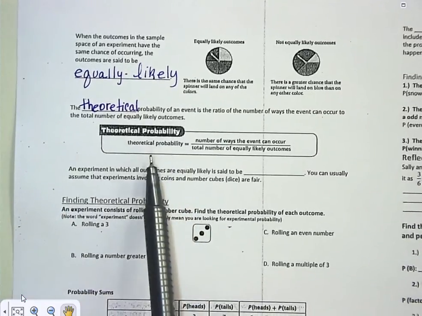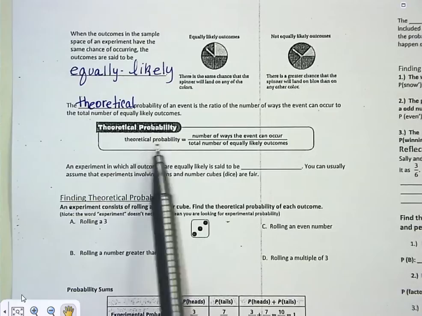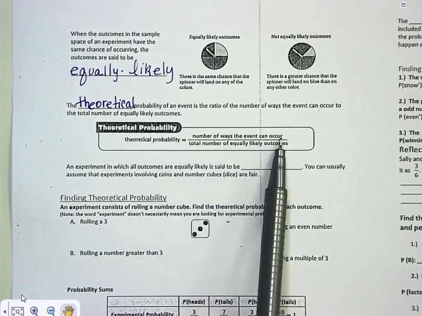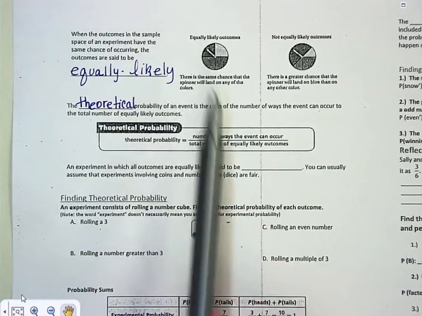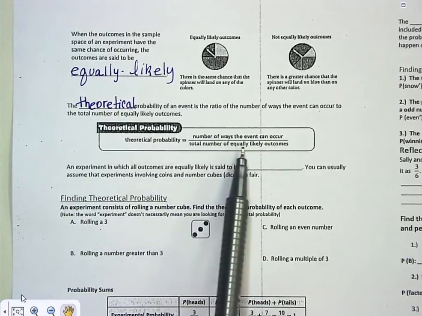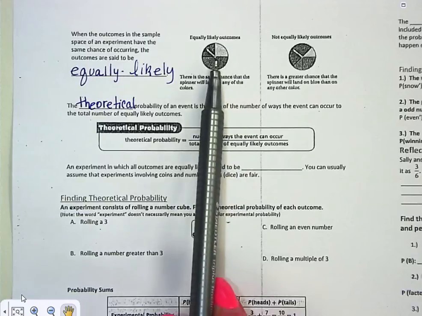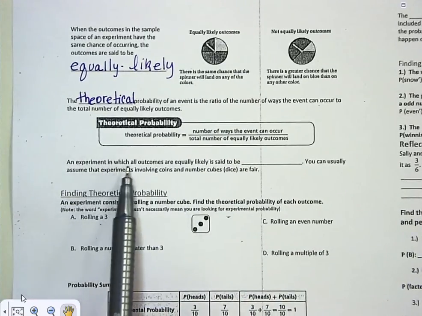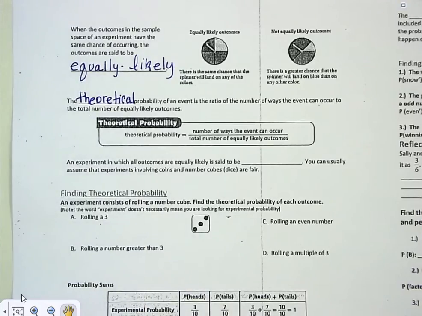Okay? So, you need to know that theoretical probability is based on a math problem, a fraction. The number of ways that an event can occur, so there's one red, to the total number of equally likely outcomes, there are 4, so 1/4. An experiment in which all outcomes are equally likely is said to be fair.